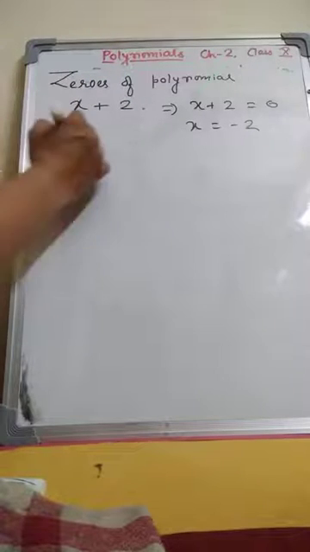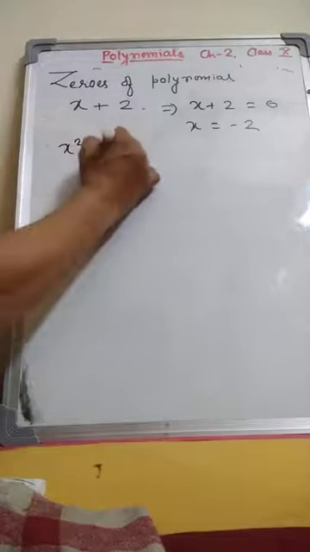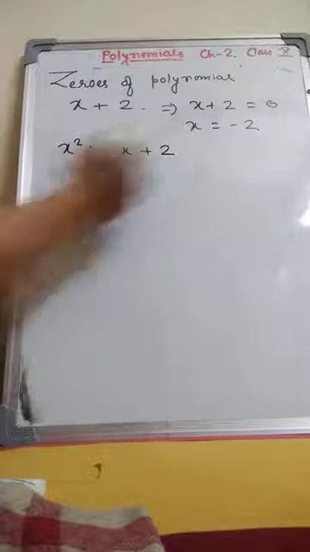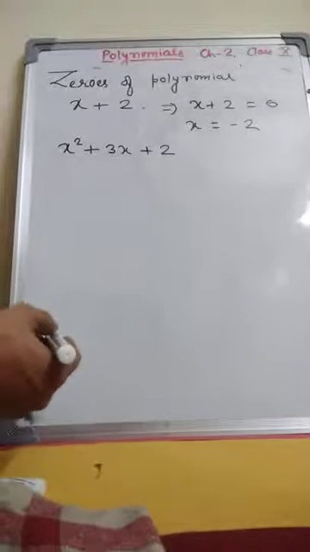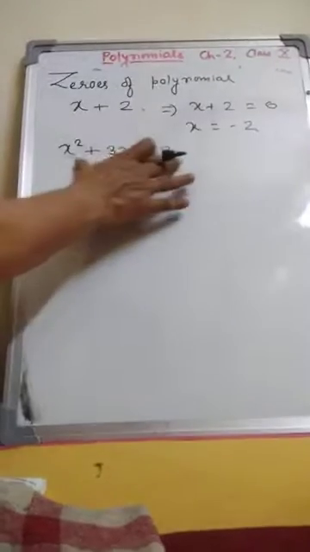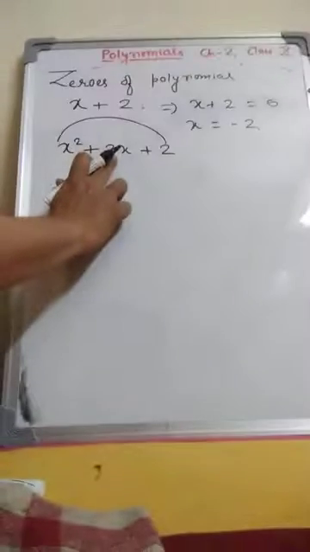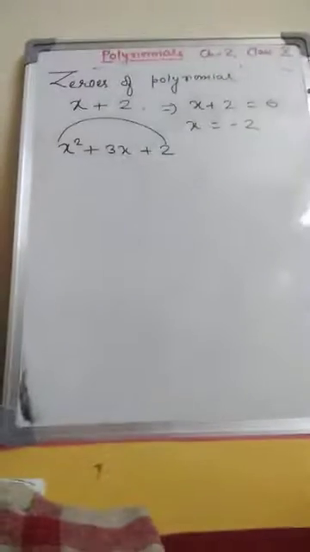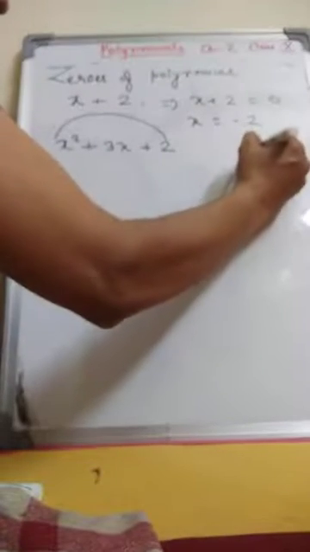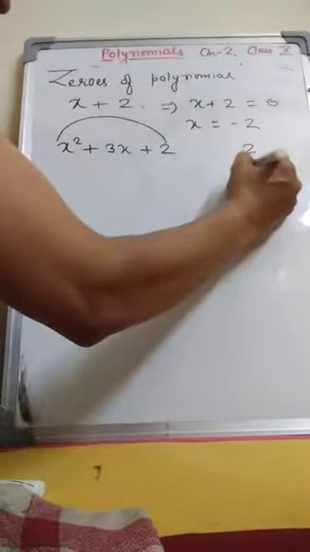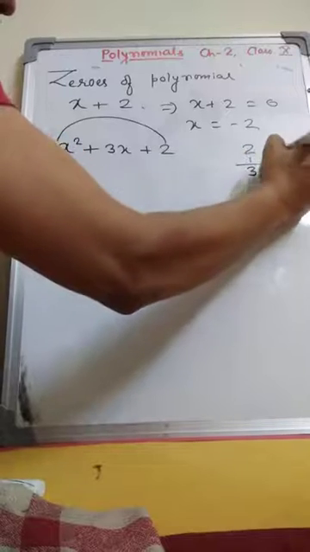There is one more polynomial, x square plus 3x plus 2. Now in class 9 we have already studied that this is a quadratic polynomial. We can factorize it. The factors of 2 are 2 and 1, whose sum is 3 and product is 2.